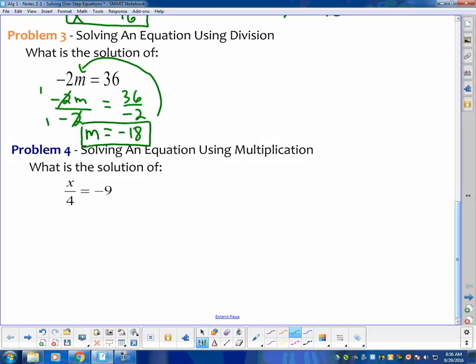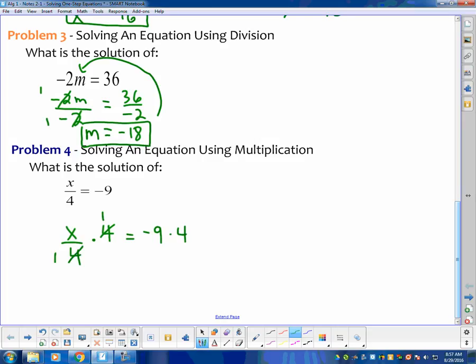All right, problem 4, solving an equation using multiplication. Here we have x over 4, and we're going to multiply because x over 4 is the same as x divided by 4. The inverse operation of division is multiplication. In this case, we're going to multiply each side by 4. So when I multiply each side by 4, I can cross cancel. 4 goes into 4 once.